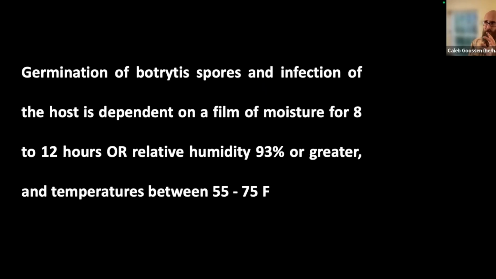The botrytis spores require 8 to 12 hours of actual leaf wetness or really high humidity, something above 93%, and the temperatures have to be between 55 and 75. So if you are a greenhouse grower and you can keep the temperature above 75, you almost never get gray mold, because those conditions don't favor the disease.